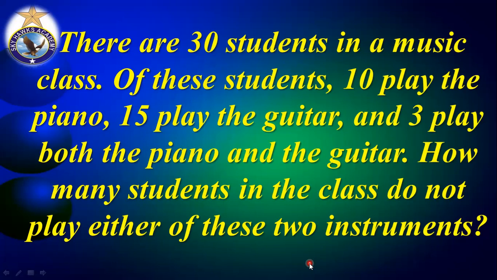So that'd be 30 minus 19, which is... 3 play both the piano and the guitar. So I subtracted 3 from 10 and 15 because that takes up a spot. So what is your answer?